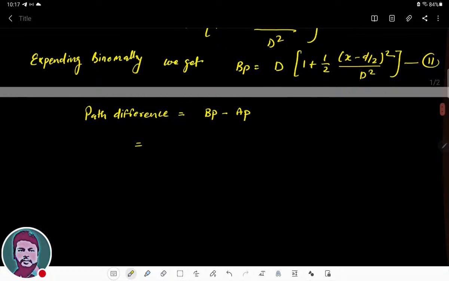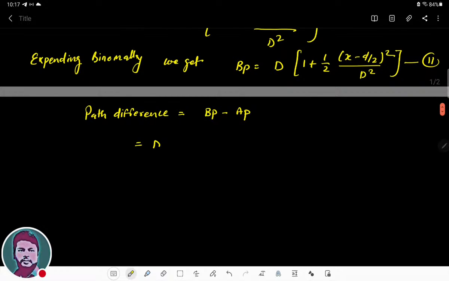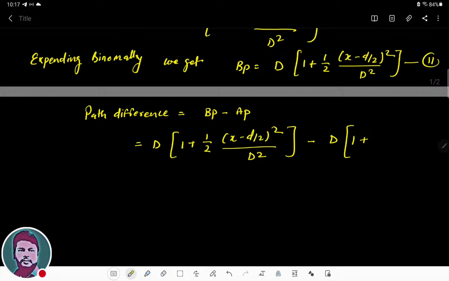Let's write down the value of BP, that is d times 1 plus 1 by 2 x plus d by 2 square over d square, minus d times 1 plus 1 by 2 x minus d by 2 square over d square.